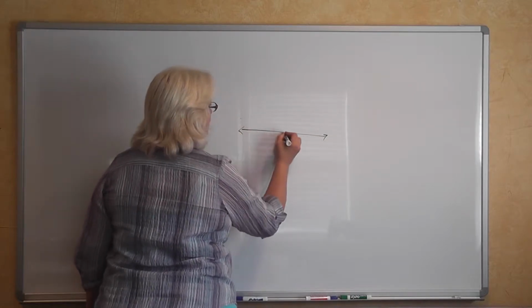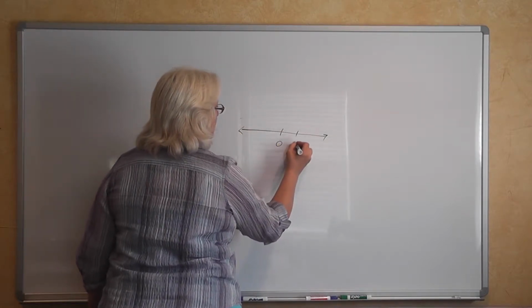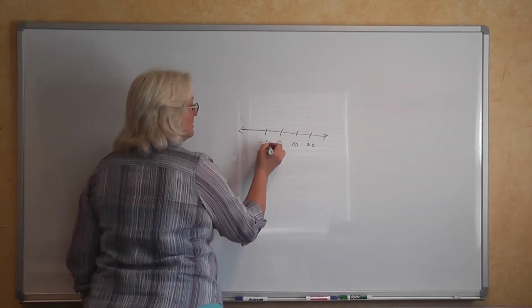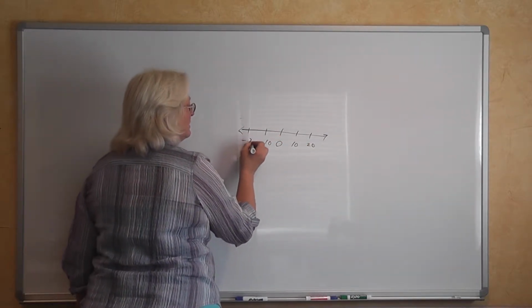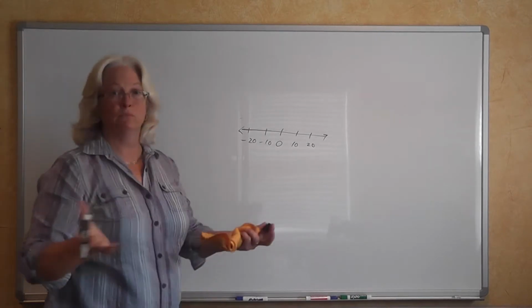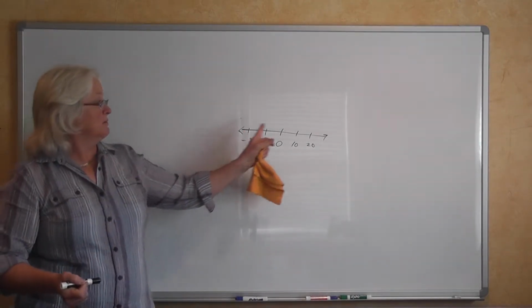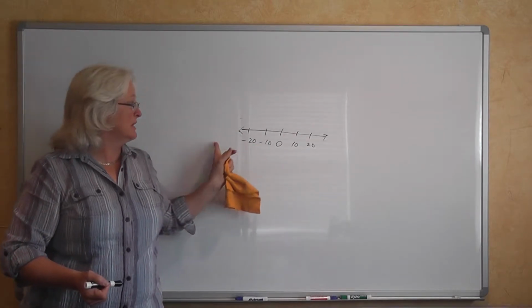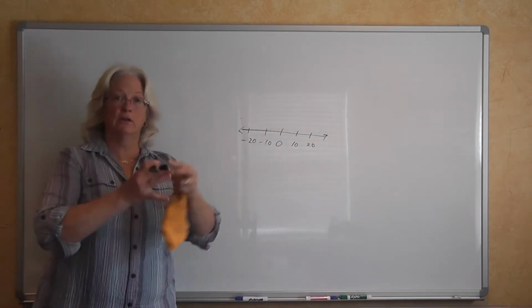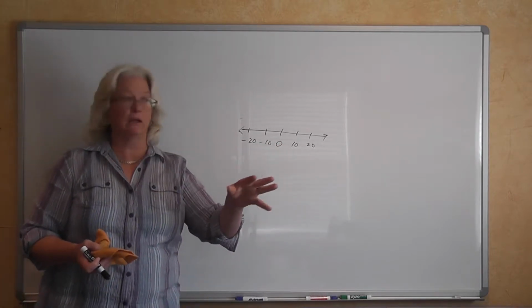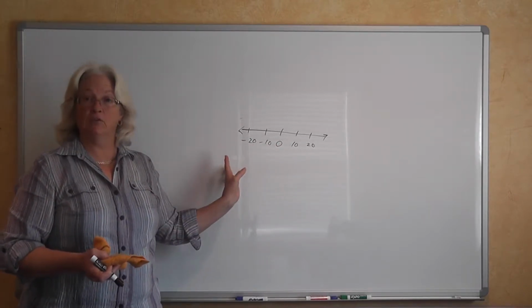So here's a number line: 0, 10, 20, negative 10, negative 20. Do you think that's a number line? Well, it's a straight line, has arrows on the end, it's reasonably divided up, but it says 0, 10, 20 instead of 0, 1, 2, 3, and 0, negative 10, negative 20.